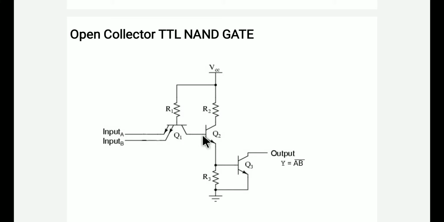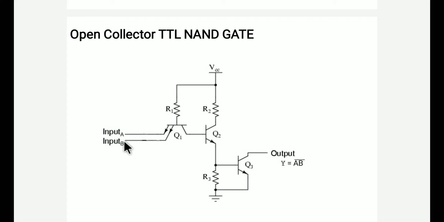So Q2 is in off state and Q3 is also in off state. We connect the pull-up resistor, so the output will be taken from the VCC. So it is a high output.